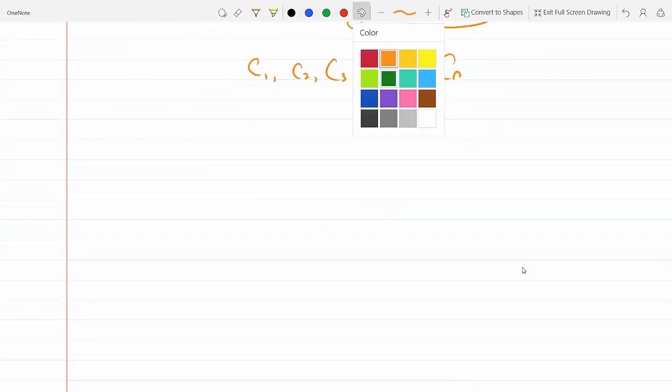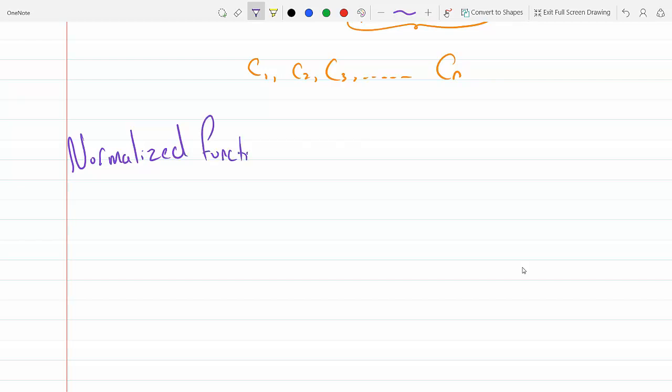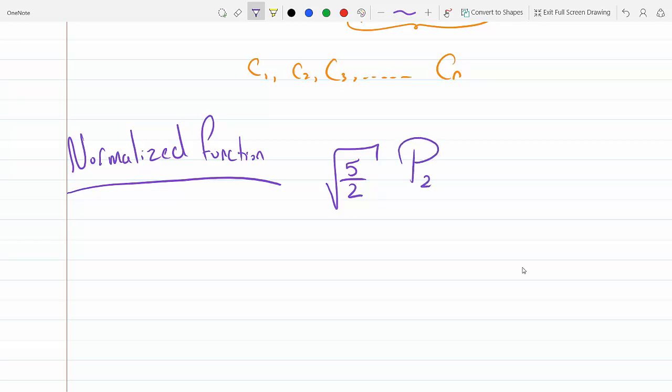So the answer to our question, the normalized function, was the reciprocal of what we got, square root 5 over 2, times the second degree Legendre polynomial. Okay, this is the normalized function of the problem we were just doing.